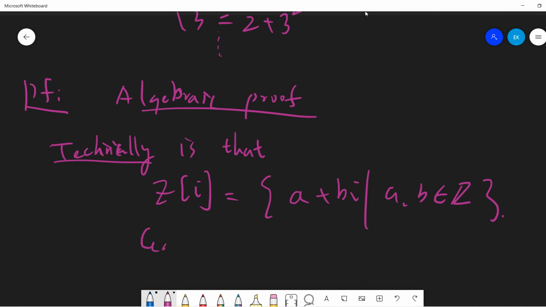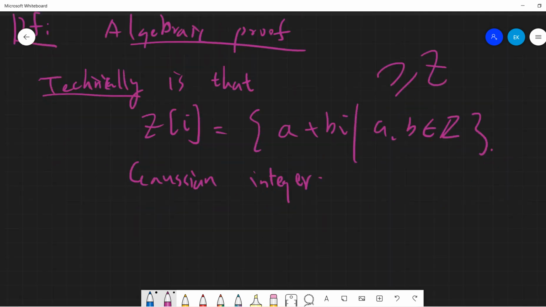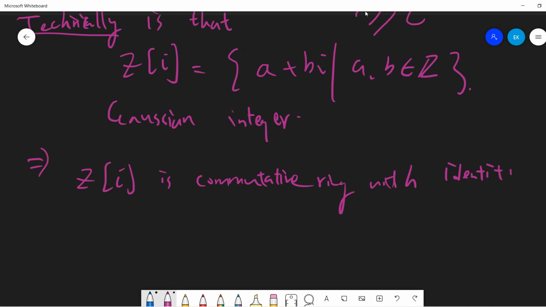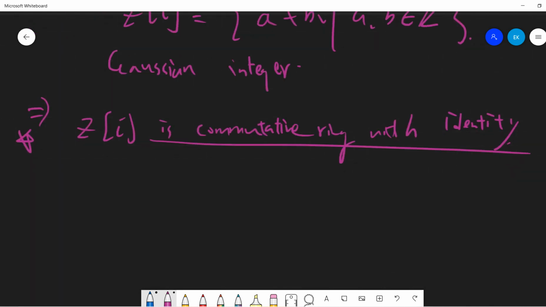So this is called the Gaussian integers, with the usual addition and multiplication. So what we know is that at least Z[i] is a commutative ring with identity. Okay, so this is the fact, which is trivial.